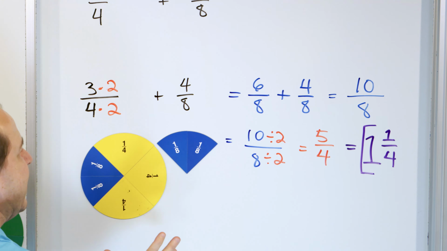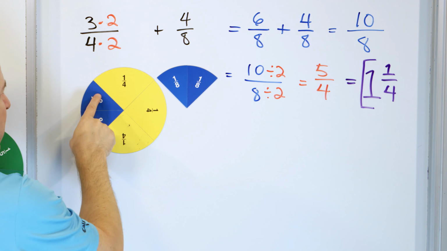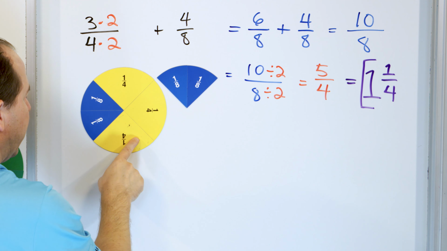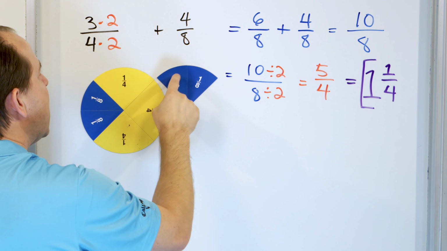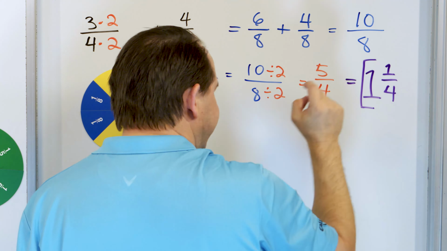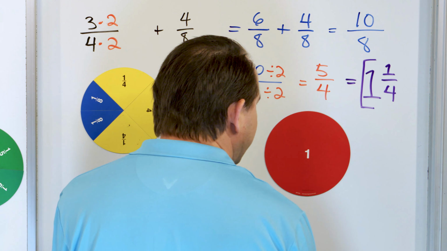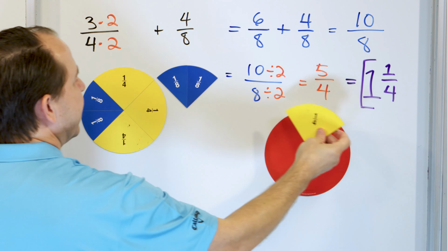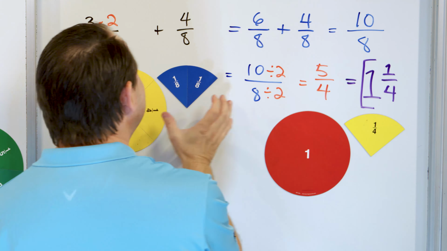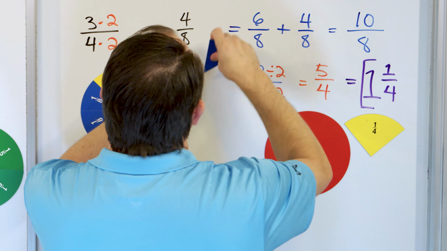So we got an answer of 10/8 because if you slice this up into 8s, notice it's 1/8, 2/8, 3/8, 4/8, 5/8, 6/8, 7/8, 8/8, then 9/8, 10/8 here, and that's the same as 1 1/4. So 1 whole is right here, and 1/4 is what's left over. Notice the 1/4 is exactly what is left here. So 1 1/4 is exactly the same thing that we get when we actually add these together.